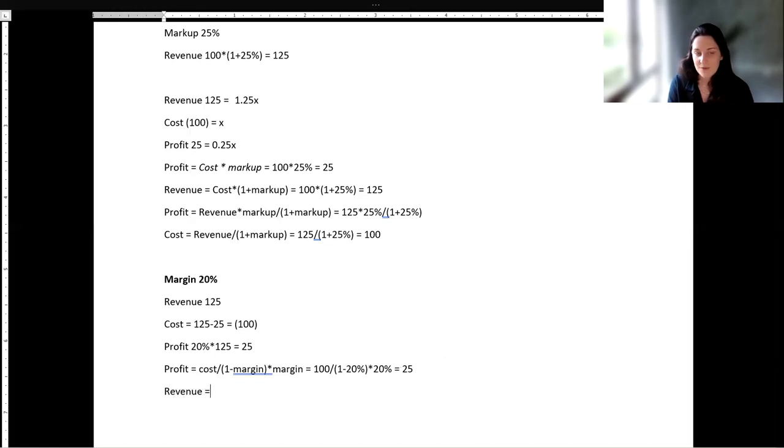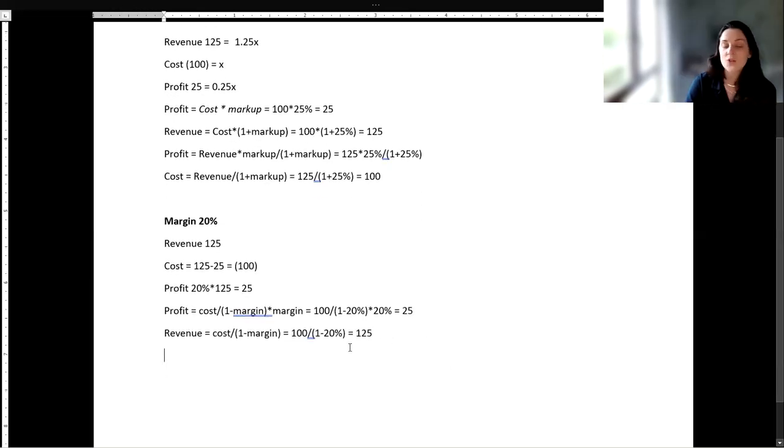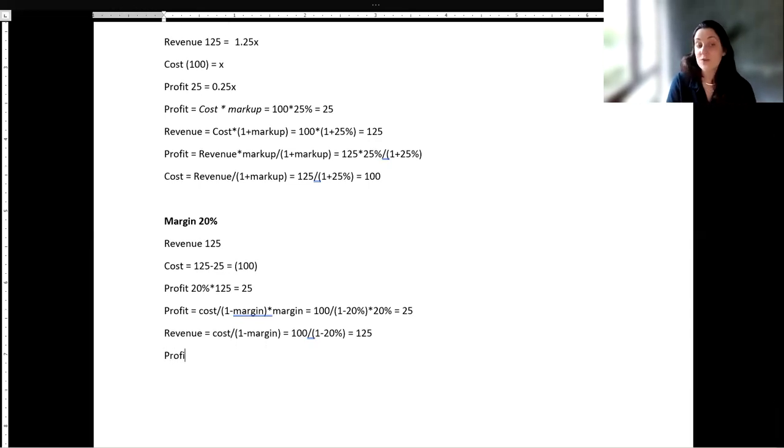Revenue is going to be found as cost divided by 1 minus margin. So it will be 100 divided by 1 minus 20%, so 100 divided by 80%, and this will be 125. If you are given revenue and not cost, you may be required to find profit, and profit is going to be revenue just multiplied by margin.